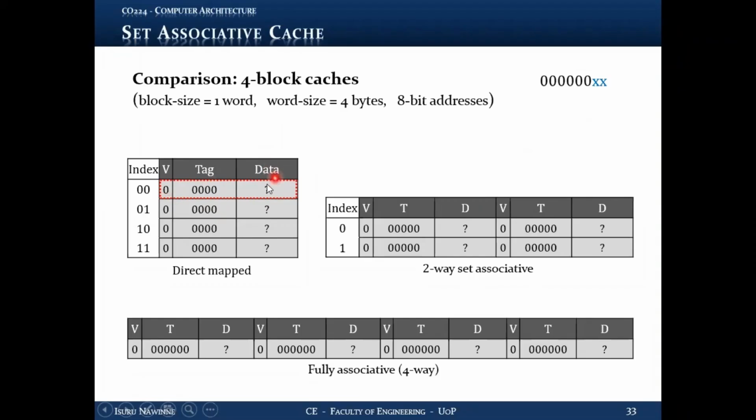So is this a hit or a miss? Is this access a hit or a miss? Imagine these are reads, okay? These are reads, only reads. We'll be only looking at reads. Will this be a hit or a miss in this direct mapped cache?